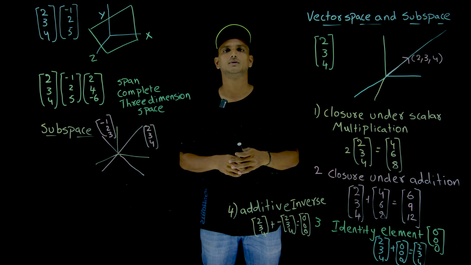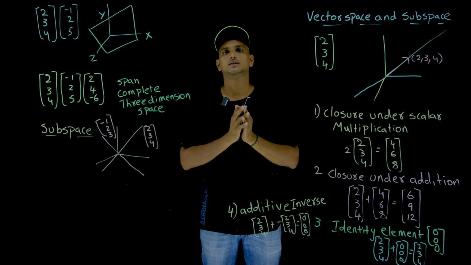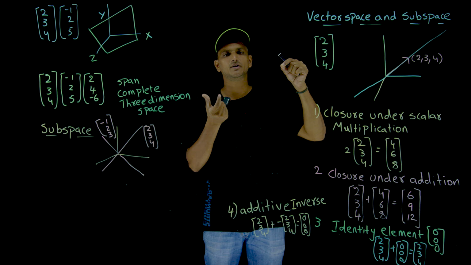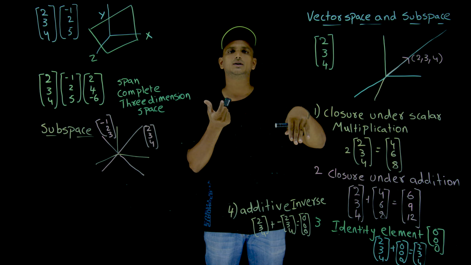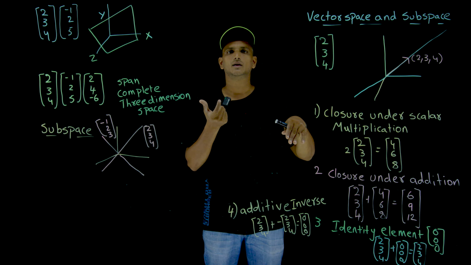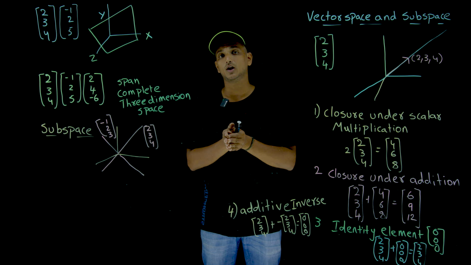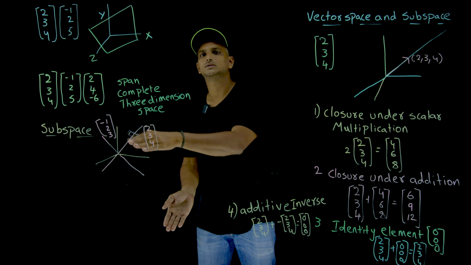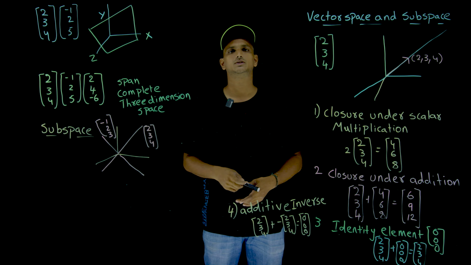It is very similar to the subset concept. The set itself we call a subset. You remove any element from that, still we call it a subset. You remove two elements, still we call it a subset. Similarly, the vector space itself we call a subspace, and other than that we have so many subspaces. This one plane is one subspace.